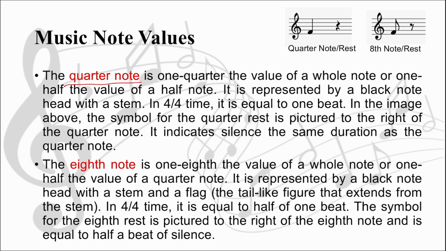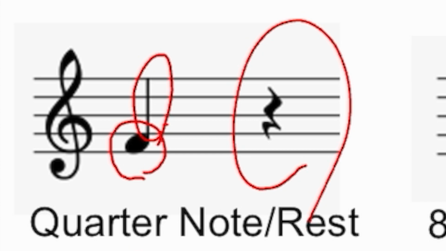It is represented by a black note head with a stem. And in 4/4 time, it is equal to 1 beat. In the image above, the symbol for the quarter rest is pictured to the right of the quarter note. This one is a little bit hard to write.